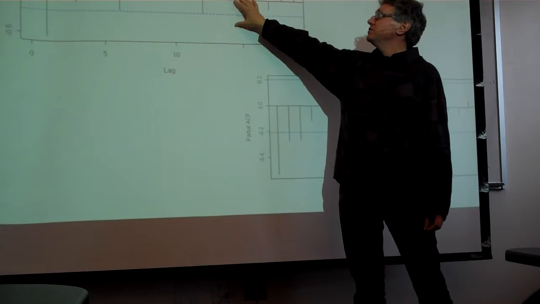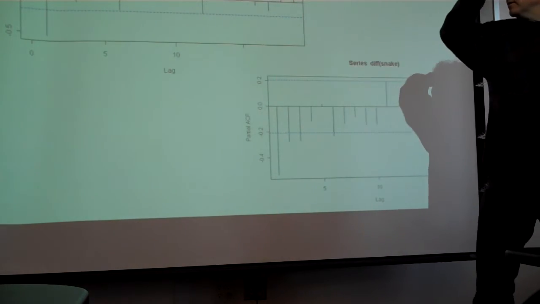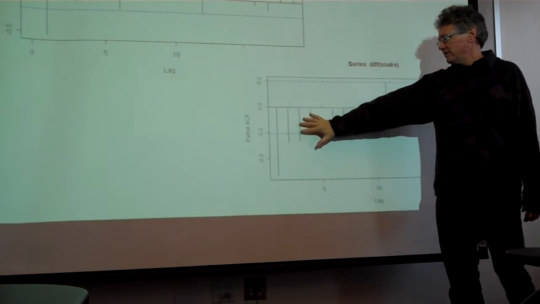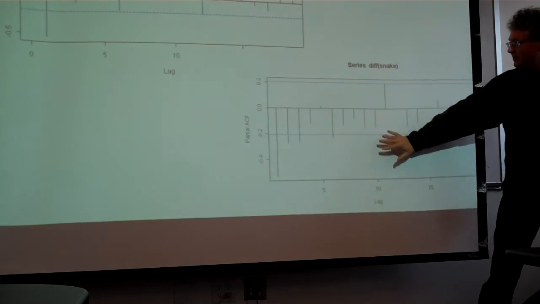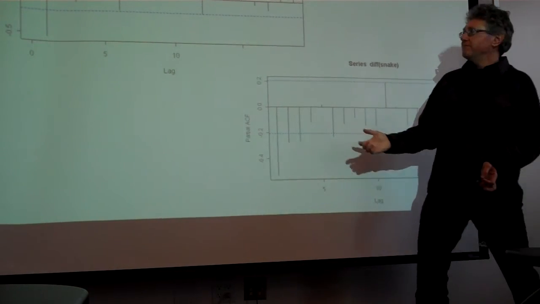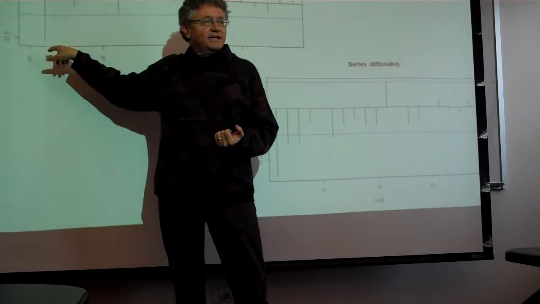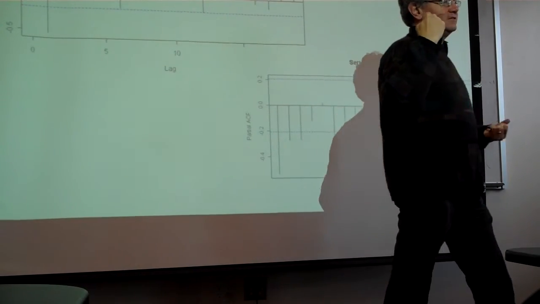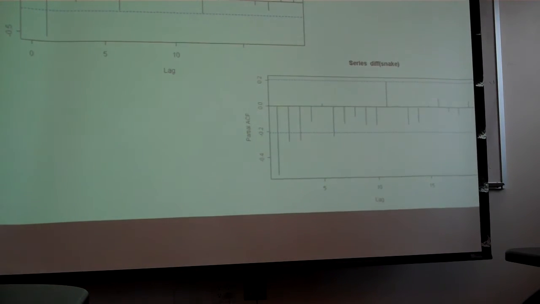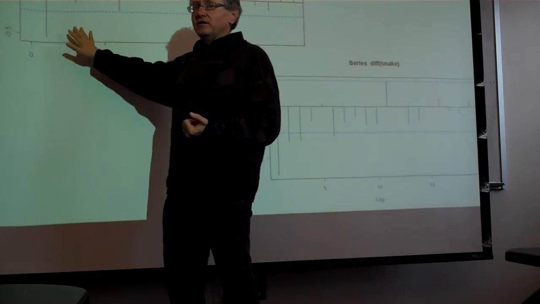So this is the autocorrelation function, not of the a_t's, but of the Z_t's. Okay, so we have an abrupt decay of the ACF and a gradual decay of the PACF, which is an indication of a moving average model, and the fact that there's only one significant lag in the ACF is the indicator that there's simply one term in the moving average model. Okay, so this suggests that this is an MA1 process.